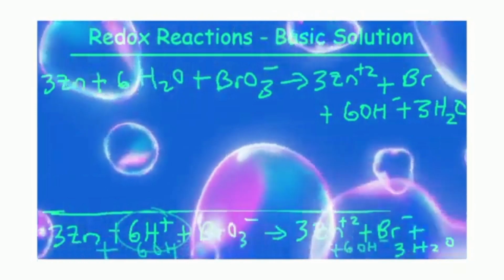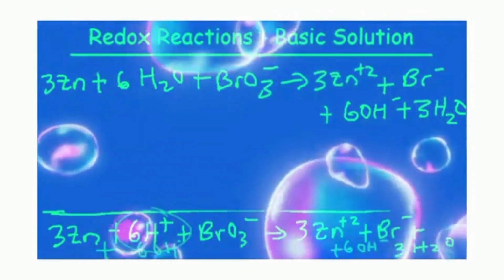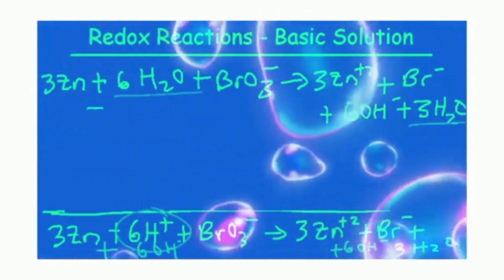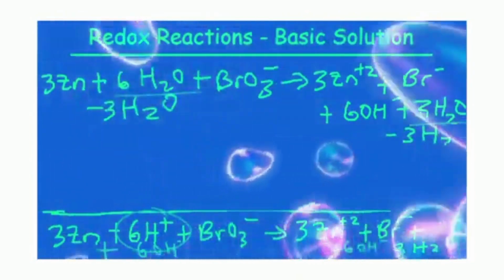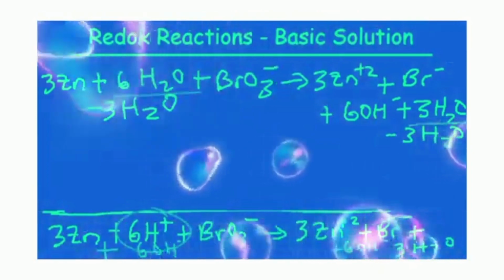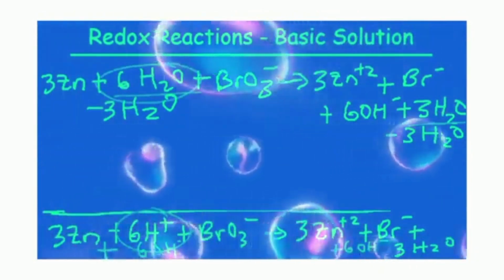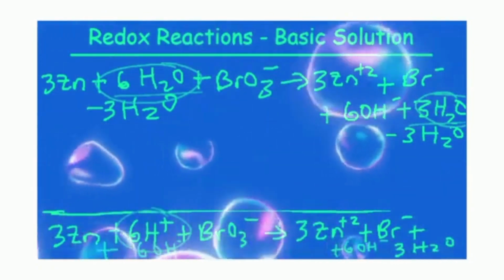Now we need to subtract 3 water molecules from both sides. Notice that we have H2O on both sides. So on the left side we're going to take away 3 water molecules, and on the right side we're going to take away 3. If you want to know why it's 3, you look at the number of water molecules on both sides. We have 6 on the left, 3 on the right, and you want to subtract the smaller of these two values.